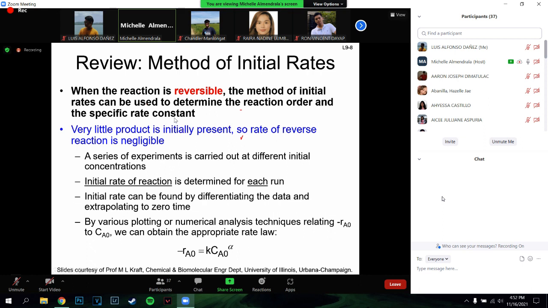The assumption is that for a reversible reaction, very little product is initially present, so the rate of the reverse reaction is negligible. A series of experiments is carried out. This is the process of determining your rate constant and order of the reaction using this method.